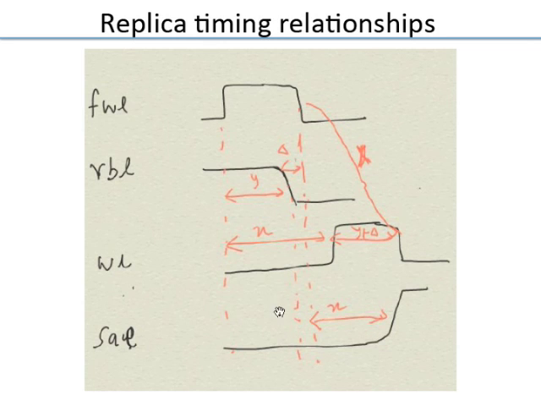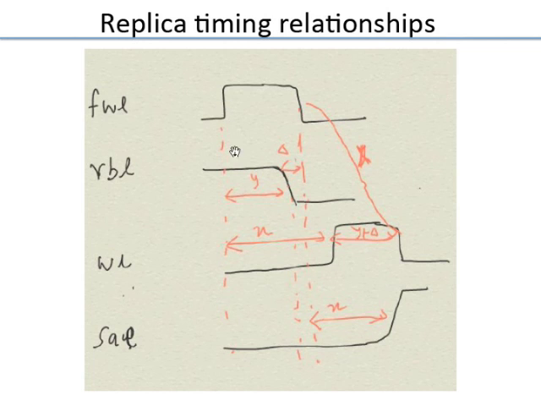But before that, just to illustrate this, basically you have the feedback word line which generates a timing signal, the replica bit line, after some time delay of y. Okay, and then that signal shuts off the feedback word line, FWL, after some delay.